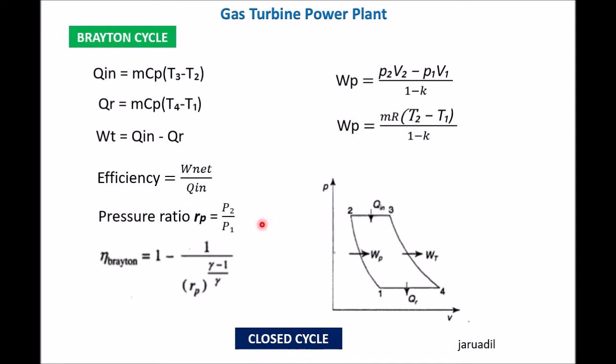We have also discussed the efficiency, that is the net work divided by the input Qn, the heat added, and the pressure ratio. This is simply the ratio of P2 or P3 divided by P1 or P4 because P sub 2 and P sub 3 are equal and also P sub 1 and P sub 4 are equal. So pressure ratio is equal to P2 over P1 or P3 over P4.